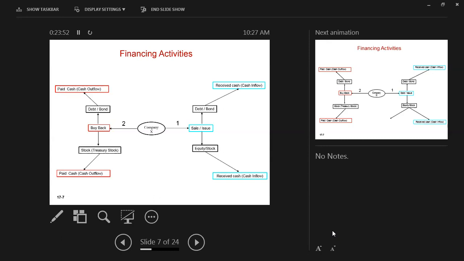But if you sell stock, you have to give them dividend. Dividend will go under financing activities. Do you understand? I repeat again, if you sell bond, you have to pay interest, and interest will go to the operating activities because it is expense. But you pay dividend, it is not the expense. Do you understand? You pay dividend, it is not the expense.